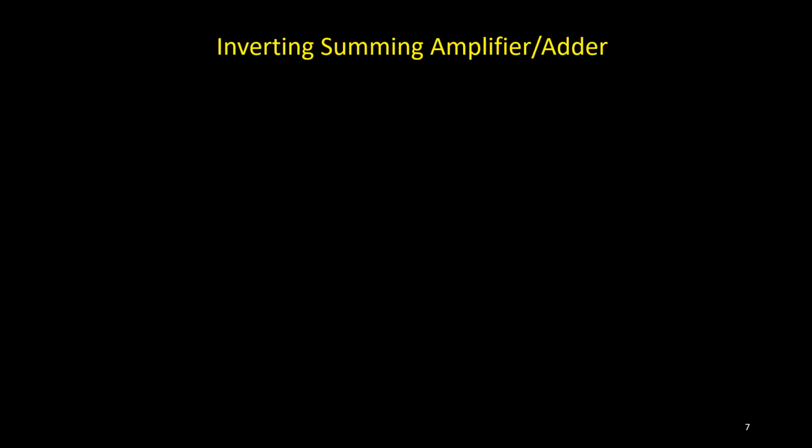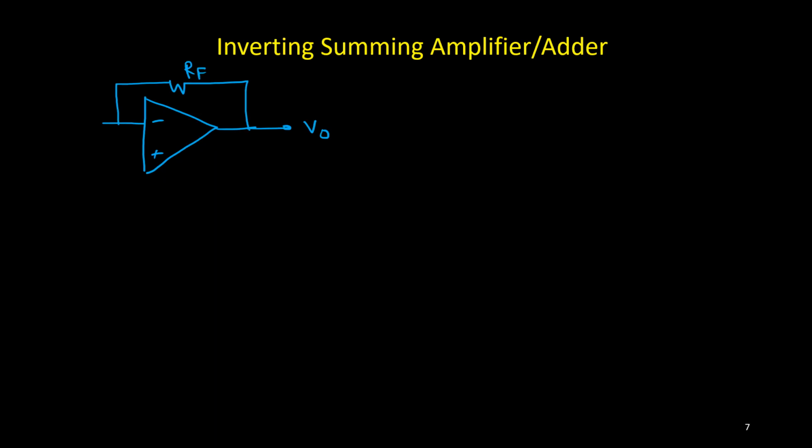So in the inverting summing amplifier, this is the op-amp, a very simple circuit. There should be one feedback, negative feedback of course. This is your V0, this is RF.